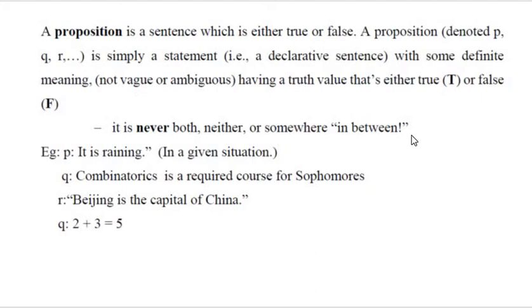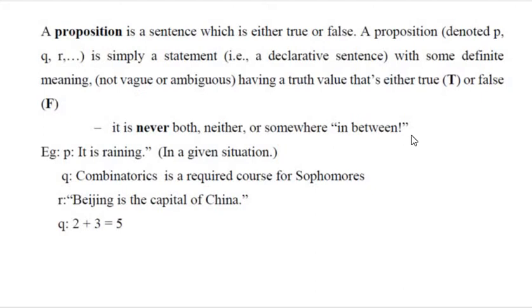A proposition is a sentence which is either true or false. A proposition is denoted by using letters P, Q, R, etc. A proposition is simply a statement, which is a declarative sentence with some definite meaning.